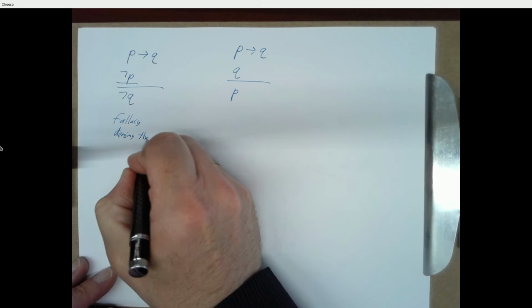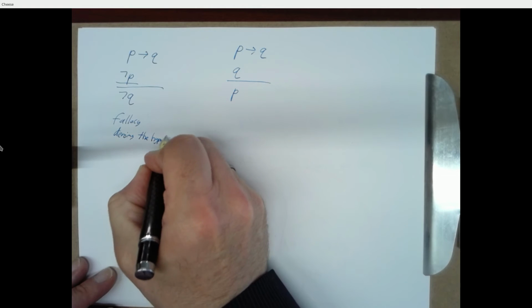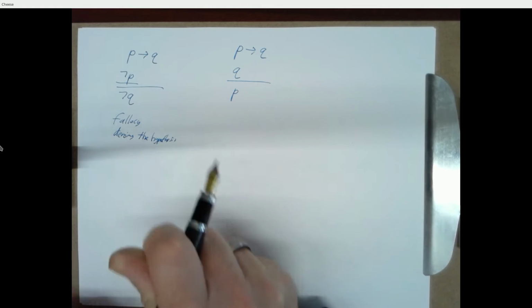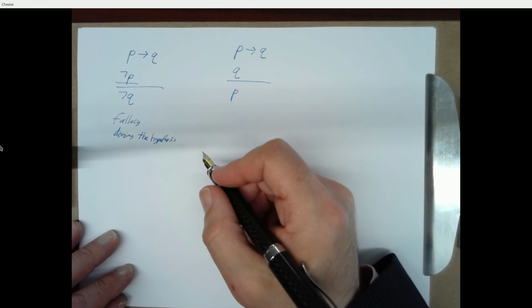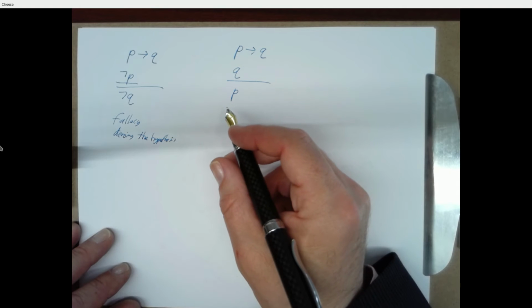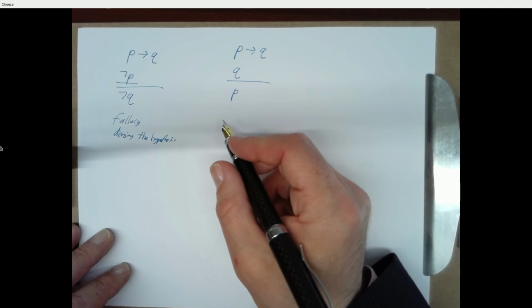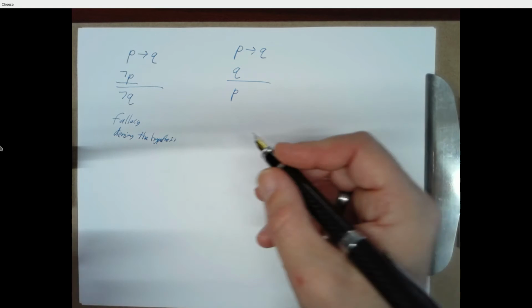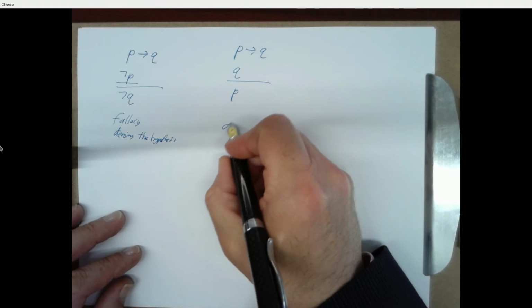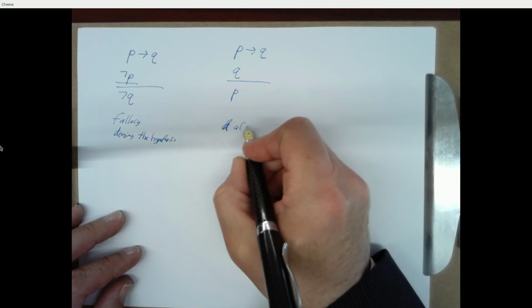So are you going to have questions like which one of these is denying the hypothesis? Probably not, but it's good to know, because if I ask you, is this true or not, and if so, prove it, and if not, explain why, you should be able to say more than just it's a fallacy. Because that really just means it's not true. So it would be good to be able to say which is which.